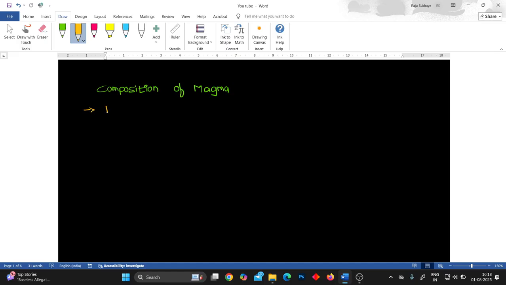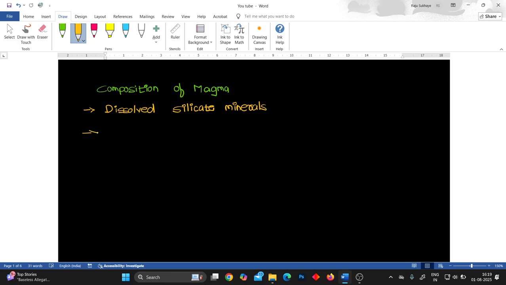First of all, as everything is in a liquid state, that is in molten condition in the mantle, it consists of dissolved silicate minerals.